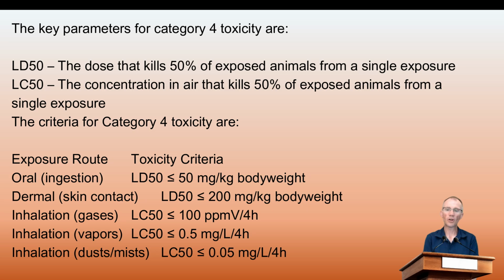The key parameters for Category 4 toxicity are LD50, which is going to be the dose that kills 50% of exposed animals from a single exposure, LC50, the concentration in air that kills 50% of exposed animals from a single exposure.